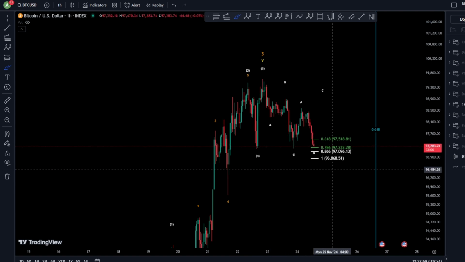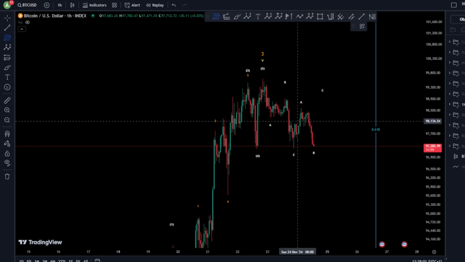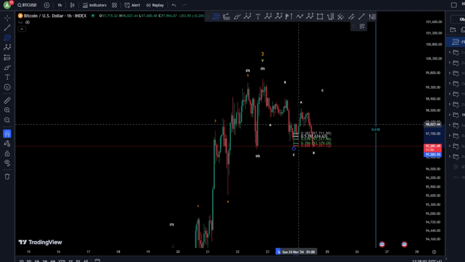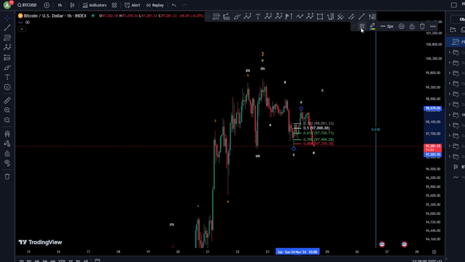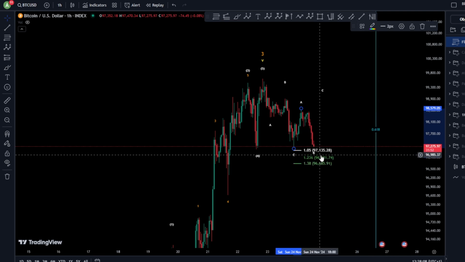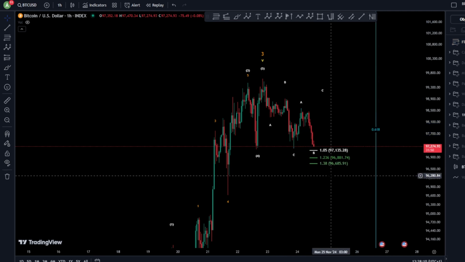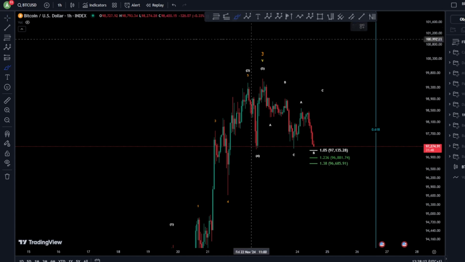And if we did, your fibs are the following. If we have a wave A, B in an extending flat, this might be your fibs for a wave B.